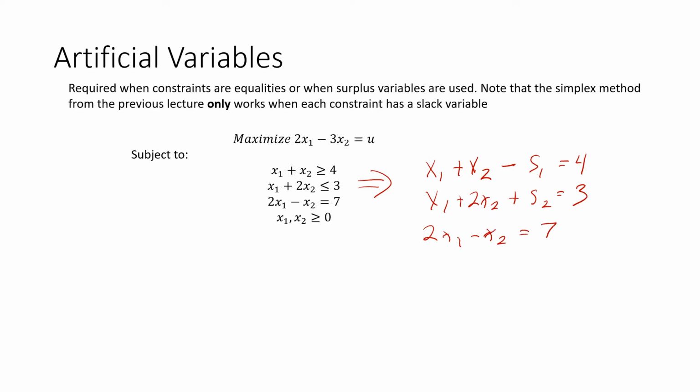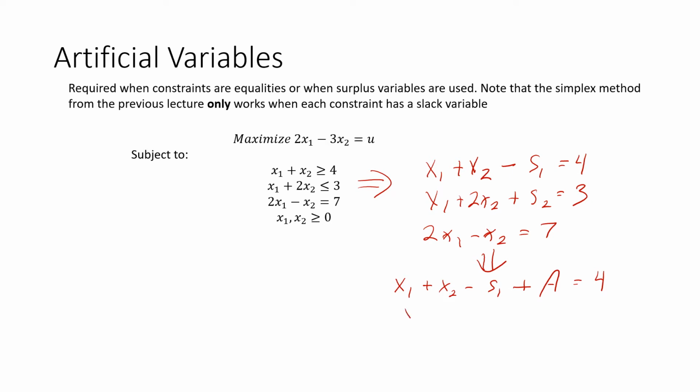Now, in cases like this, we have to go one more step. We have to introduce something called artificial variables. So for instance, for our first one, that one has a surplus variable. We're going to introduce an artificial variable. And we're going to have plus a equals 4.